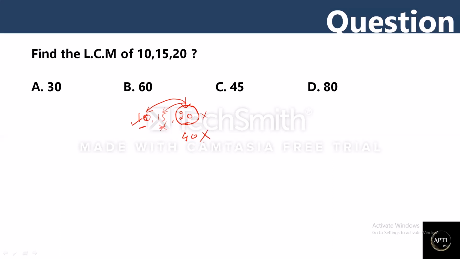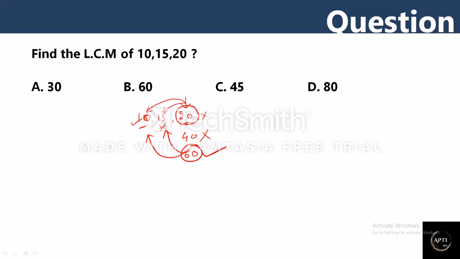What is the next multiple of 20? 3 times is 60. Now we need to check with 60. 60 is exactly divisible by 10 and 60 is also exactly divisible by 15. If you observe, 60 is satisfied with 10 and 15. So the final answer is 60, so 60 is our LCM.